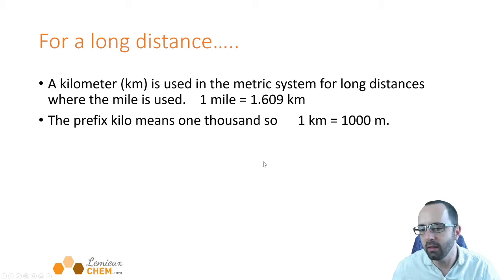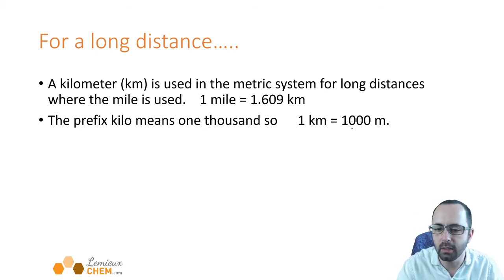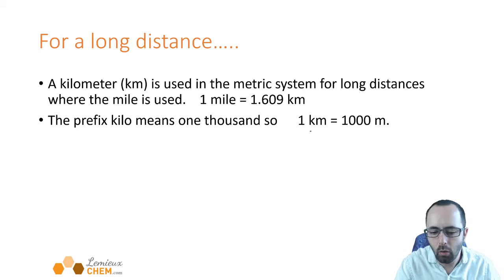So this is the way these prefixes work. I told you I was going to tell you this in a little bit more detail. When I say kilometer, so kilo meter, what kilo means is the number 1,000. So when I say kilometer, I just replace the kilo with 1,000 because that's what it means.